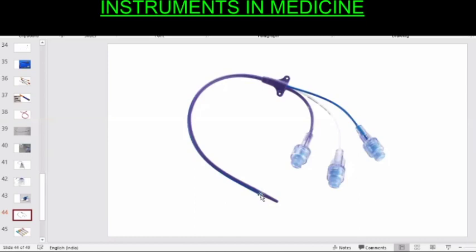We generally don't put it in the brachial vein because they are not compatible with that vein. They are compatible with the femoral vein, your IJV, the internal jugular vein, or the subclavian vein also. So the three sites you can put it are subclavian, IJV, and femoral, not into your cubital vein.